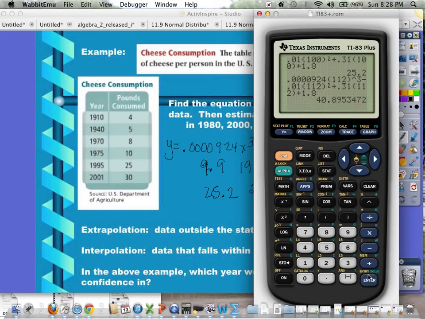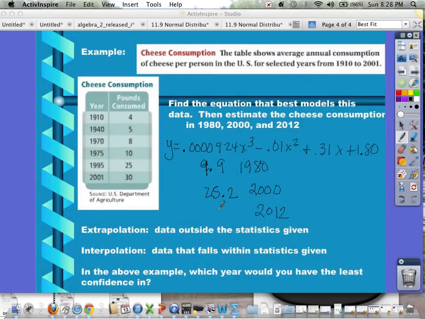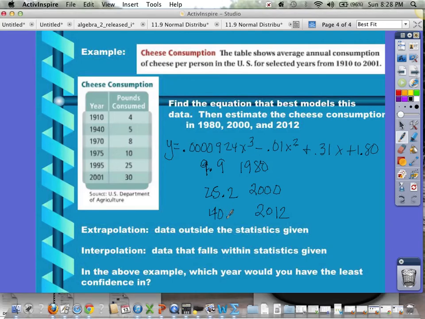And they're saying about 40.9. Alright, so 40.9. Okay, so approximately 9.9 in 1980, 25.2 in 2000, 40.9 in 2012.